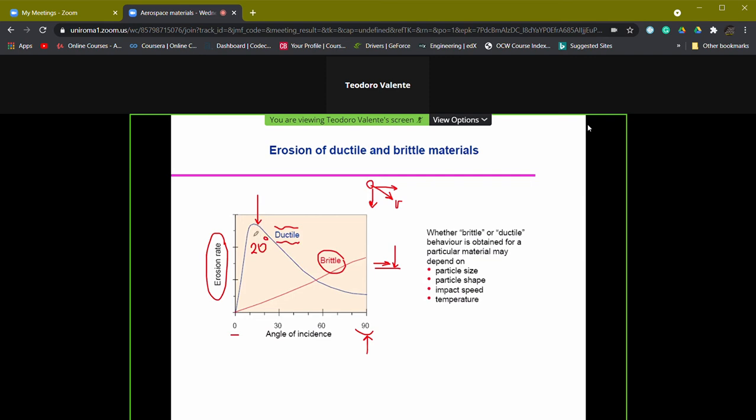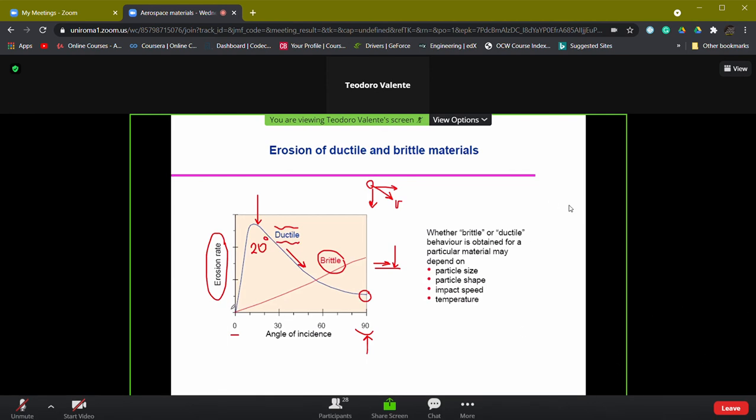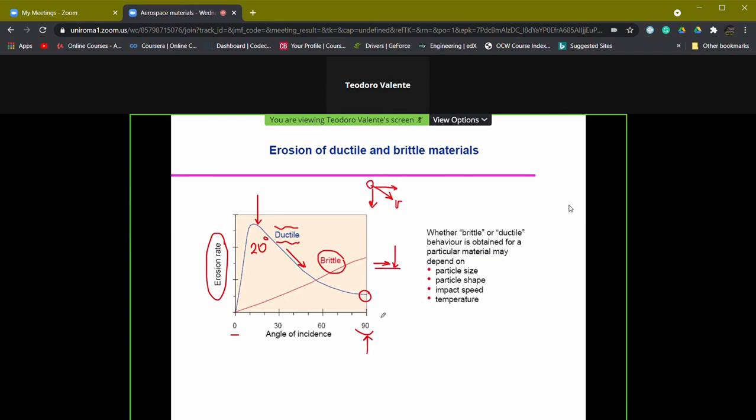But after this, the erosion rate diminishes, reaching the minimum value, if we exclude the zero value of the angle of incidence, when we have 90 degrees.